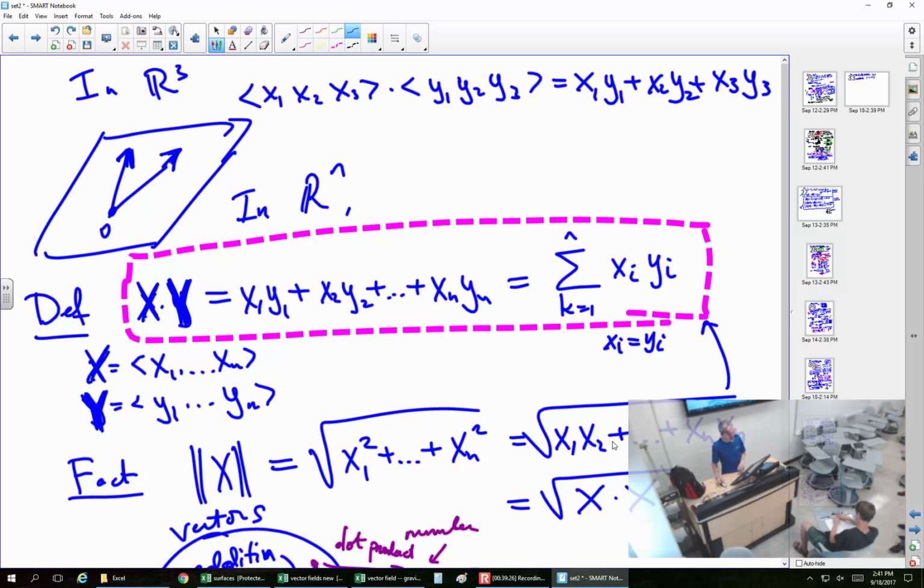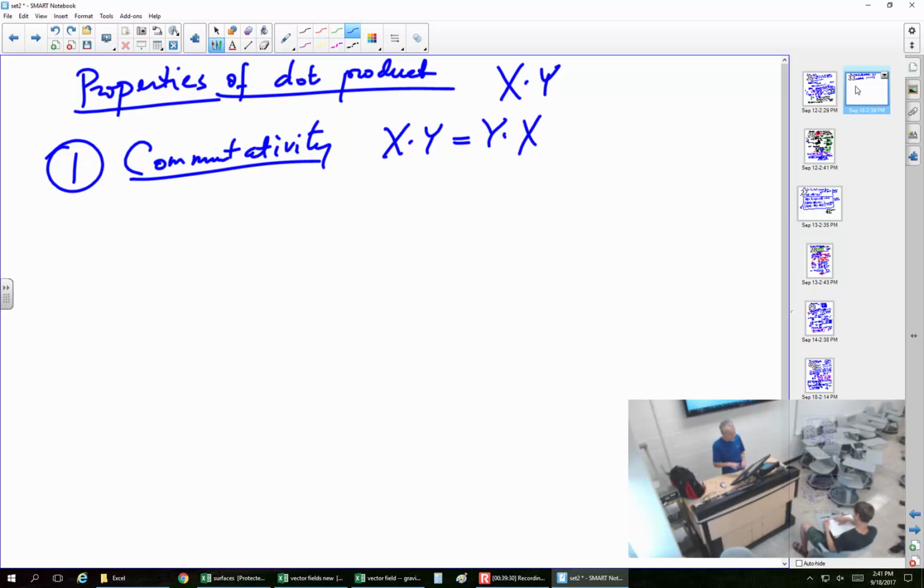So x dot y and y dot x are the same, and once again, this is the angle. If we are talking about the angle, it is not the angle from x to y, it is the angle between x and y, so it doesn't matter which way. Whether we measure the angle this way or that way, it is the same result. That is actually an unfortunate thing, but that's what cosine gives us. It only measures the angle one way.